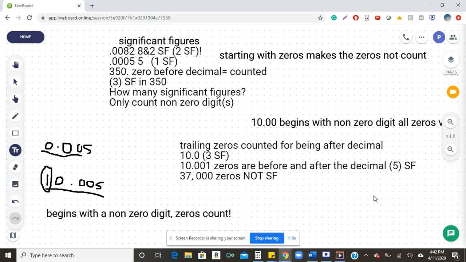Only the 37 counts. So you only have 2 significant figures here. Let me write that in. 2 significant figures for this. The comma and the zeros don't count here.